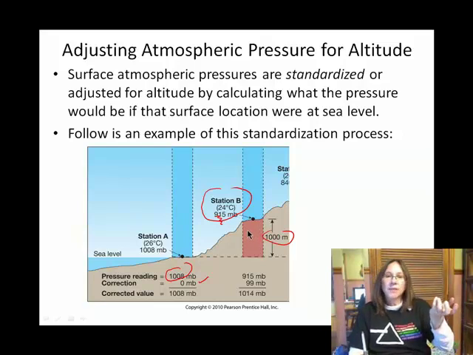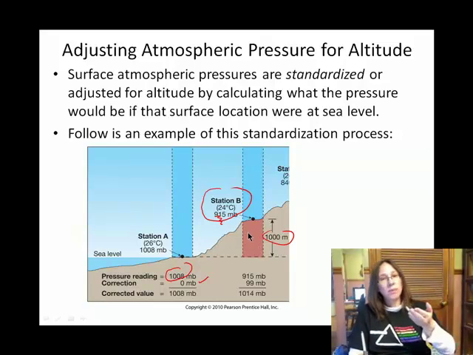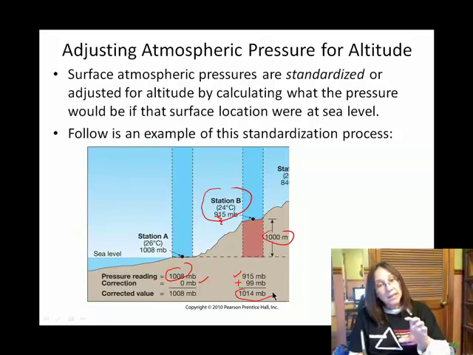But in order to compare Station A and Station B, what you'll see on a weather map is we have added 99 millibars back to that reading. And so you're going to see a barometric pressure of 1,014 millibars for Station B.